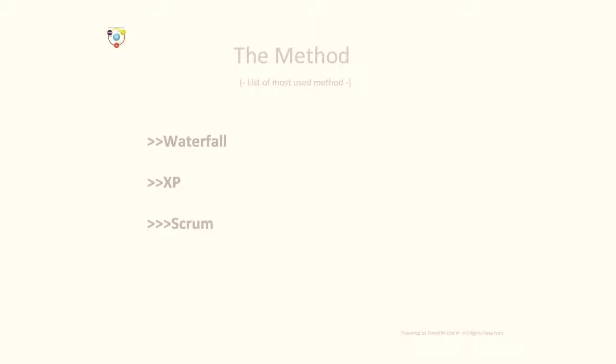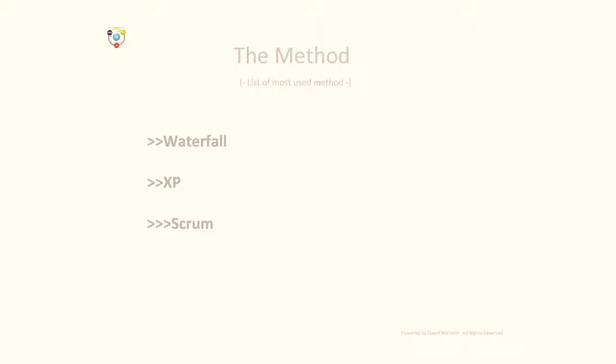As it is not easy to choose between all those methods, and we're not going to be able to see all the methods in this one session, we've taken a list of the most used methods. To do so, we've chosen Waterfall, Extreme Programming, and Scrum Agile.